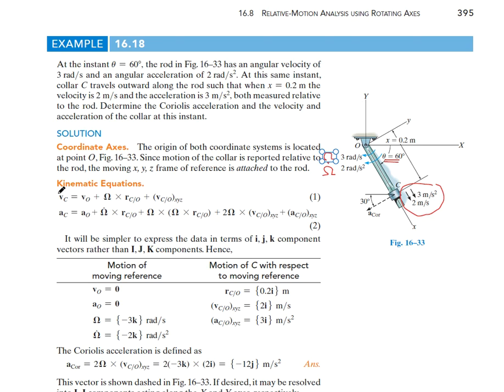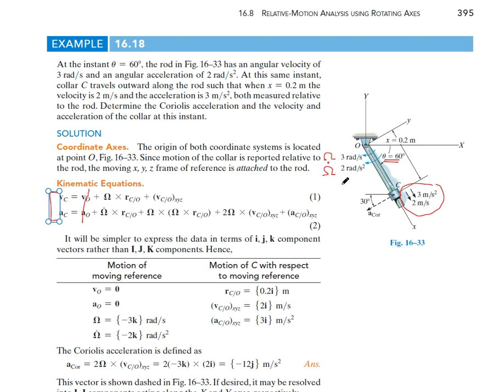Anyway, so the equations that we saw earlier, in order to implement them, we have point C, which from the equation is point B. We have point O, that was the equivalent of A, and these two have zero velocity and acceleration.